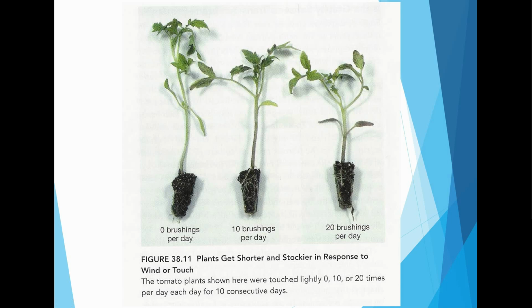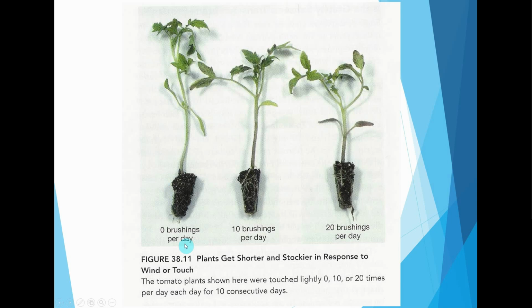So for example, this is a tomato plant. What was done to this tomato plant was it was grown till a nice healthy seedling like this. And then what we did was every day, this one got 0 brushing.